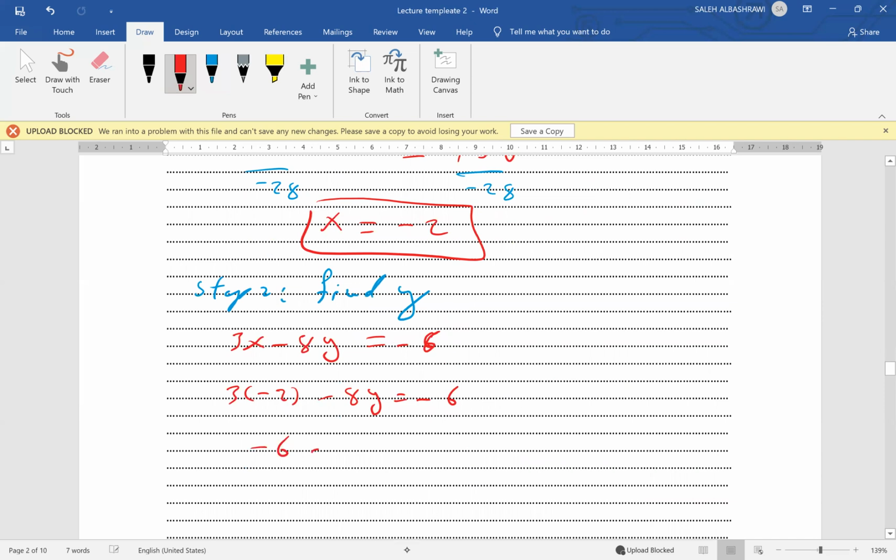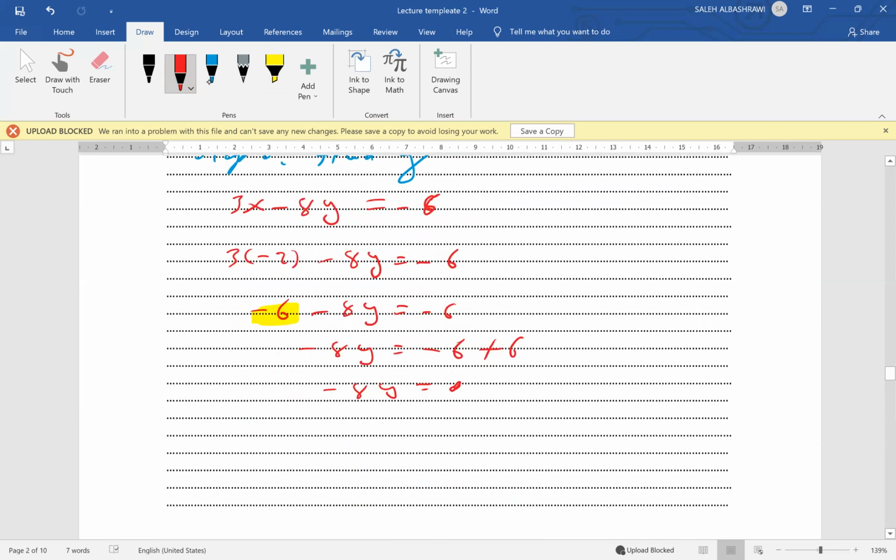This will give me minus 6 minus 8y equal to minus 6, and move this to the other side will give me positive. So it is minus 8y equal to 0. This means y equal to 0.